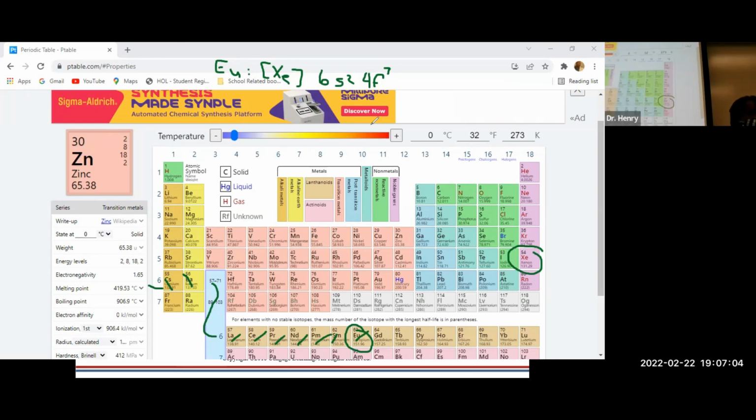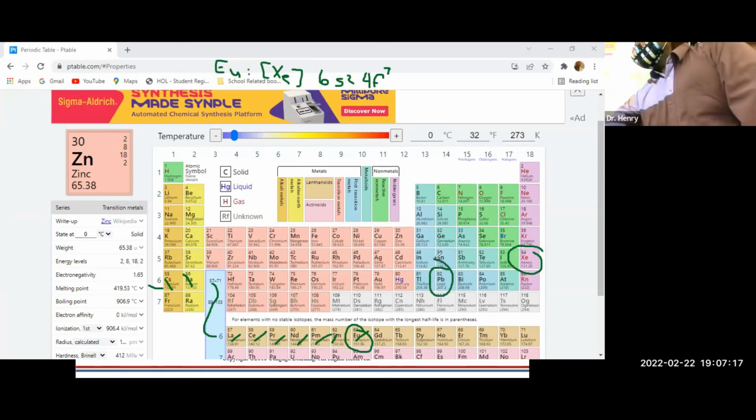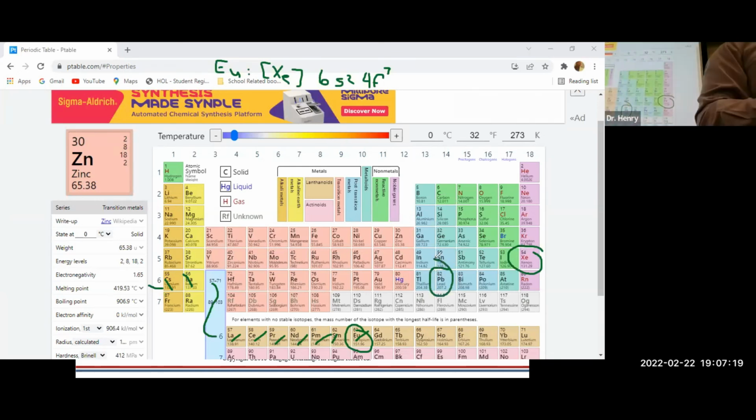Okay, so let's do one a little more complicated. Let's do lead, 82. Lead, Pb.